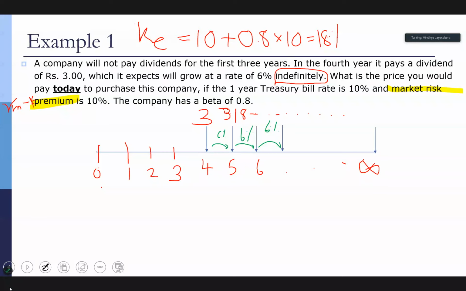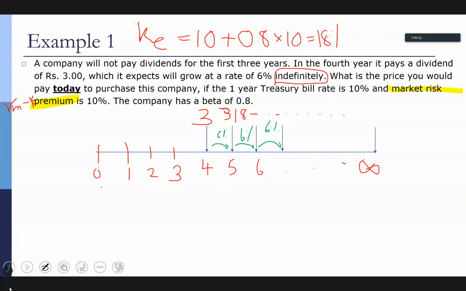What is the first place that I can apply my constant growth model? Because there is a constant growth here, 6%, and it is happening forever. So those conditions are met, but it is not met from year 0.